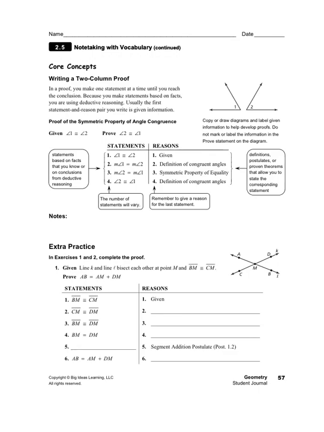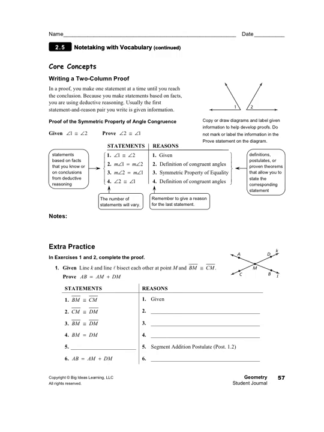You'd ask yourself, what reason led me to be able to say that? That would just be the definition of congruent angles. By definition, if two angles are congruent, then their measurements are equal.